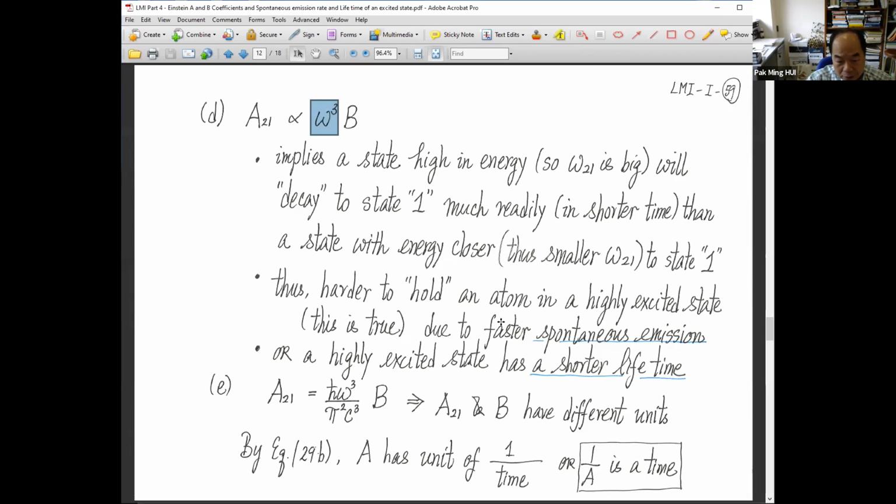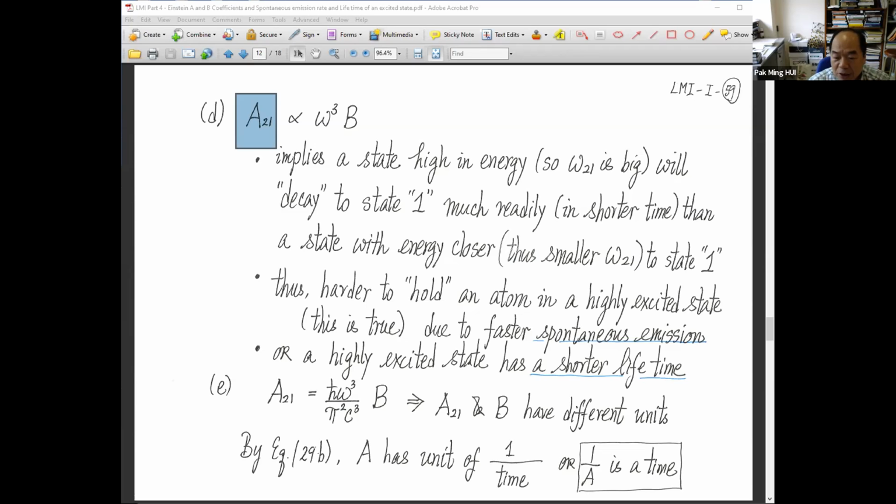Simply put, the higher excited state will come down faster, that is more readily, okay? Therefore, this is a rate, so A is 1 over time. Therefore, some time is 1 over A, right?